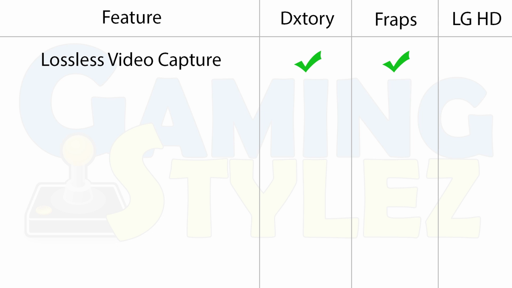Since it's a hardware product, it has a built-in video encoder, so as you're recording, your video gets encoded into H.264 on the fly and then saved to your hard drive. That's why you get a lot of blur on your videos as it's being compressed.